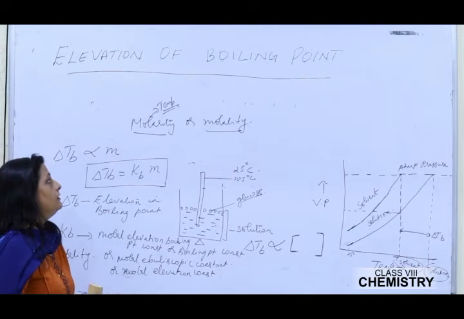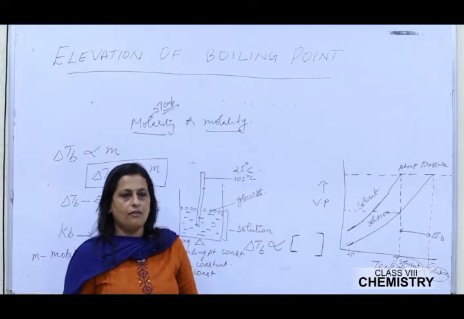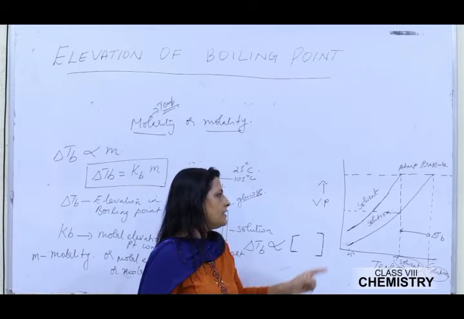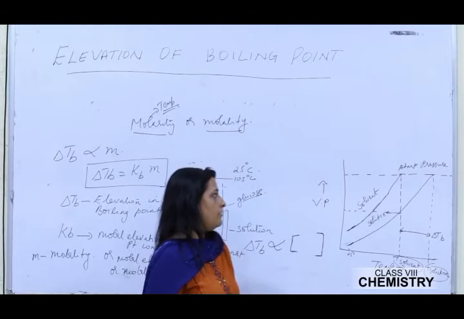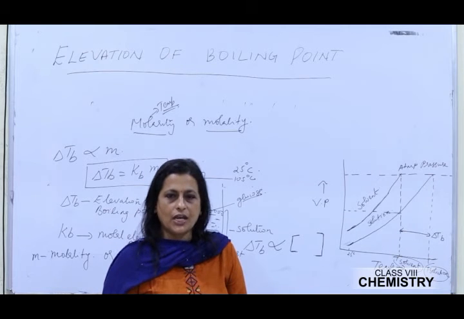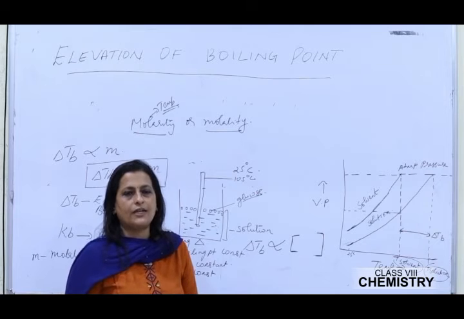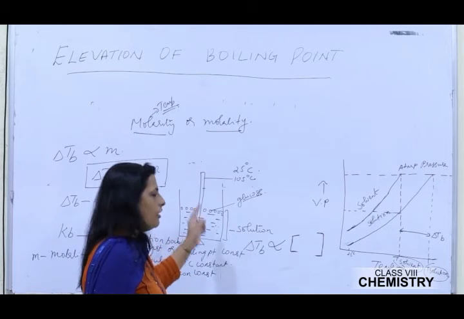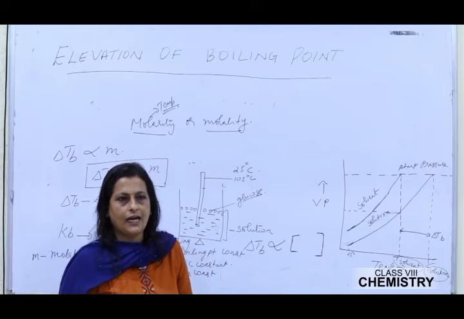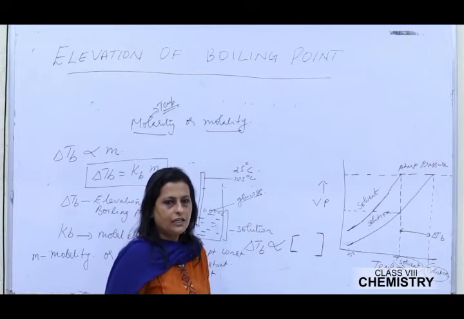So is it clear? When you are adding a non-volatile solute to a solvent, the boiling point of the solution becomes higher than the boiling point of the solvent. That difference in boiling point of solution and solvent is known as elevation in boiling point. Since this variation is coming due to the addition of non-volatile solute, it depends upon the amount of solute which we are adding. So elevation in boiling point is a colligative property.